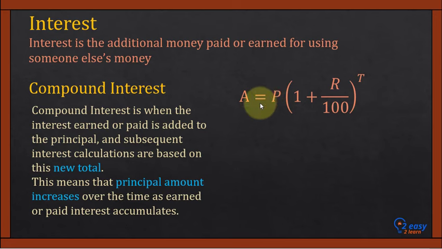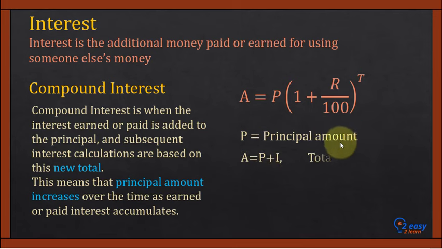So A is equal to P times (1 plus R over 100) whole power T, where P is the principal amount, which is the actual amount borrowed or invested. A is the total amount at the end of the decided time period, and it is equal to the principal amount plus interest, P plus I. T is the time period for which the investment is decided.